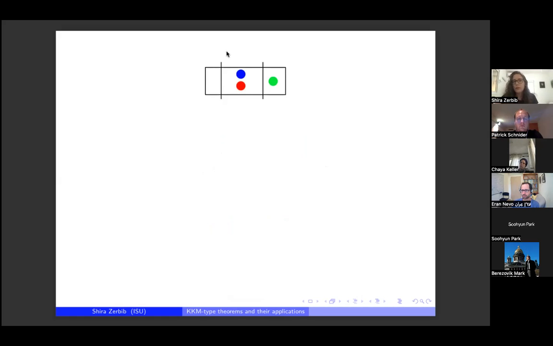So for example, suppose I introduce this partition. Then in this partition, player green prefers the rightmost piece, and blue and red prefer the middle piece. And suddenly if I give a different partition, then red and green want the left piece and blue still wants the middle piece.